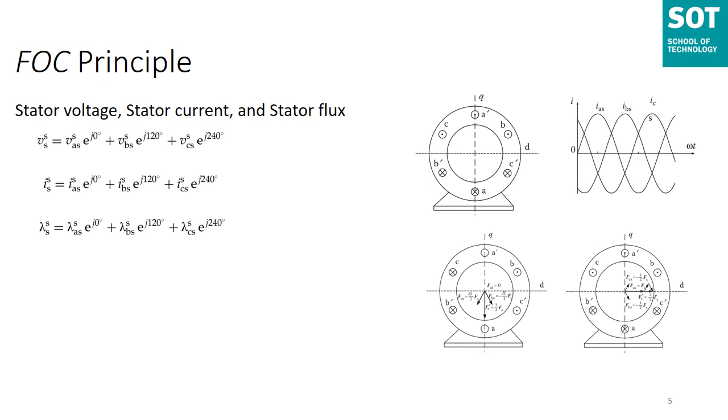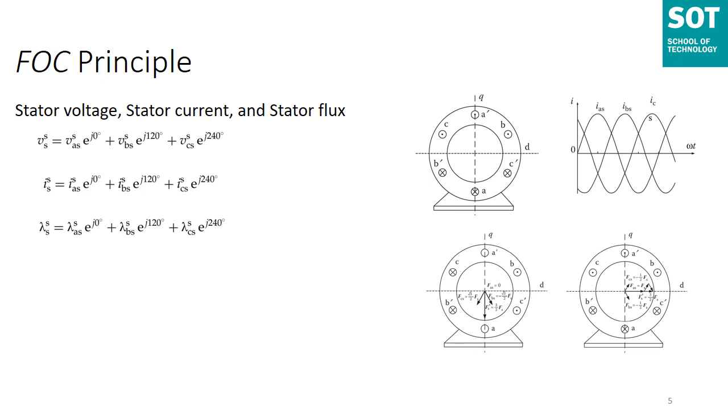So if you have a small s in the superscript, that means you are referring to the stator fixed frame. If you have a small r in the superscript, then the variable is referred to the rotor fixed frame.